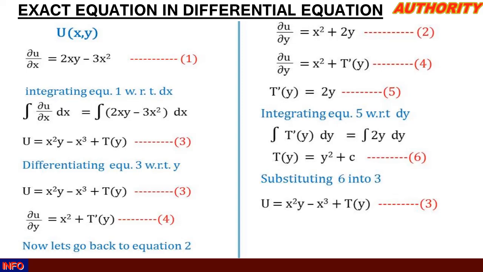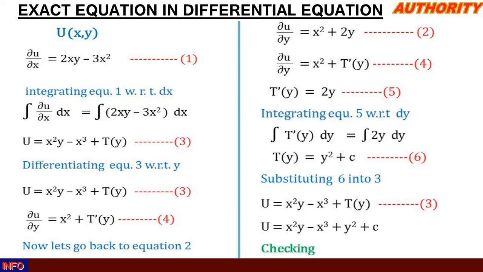Substituting here, we see that u is equal to x squared y minus x cubed plus y squared plus c. Yes, this is the solution. This is what we are looking for. So this is exactly how to solve an exact equation.